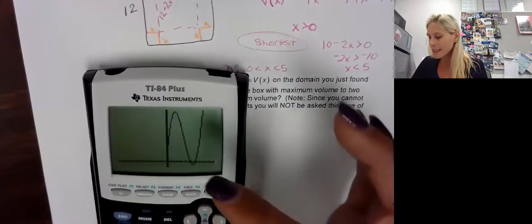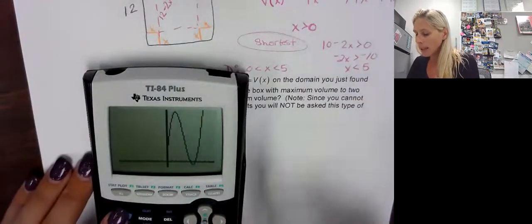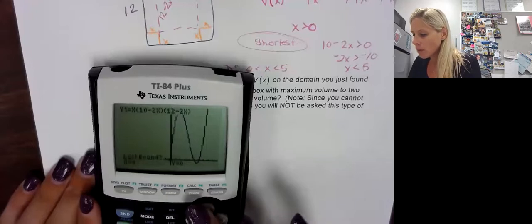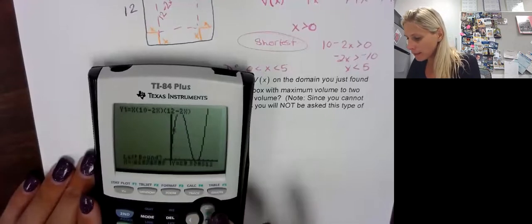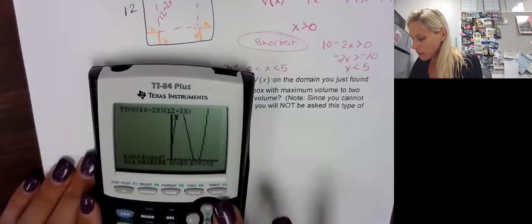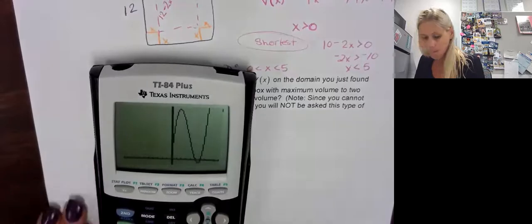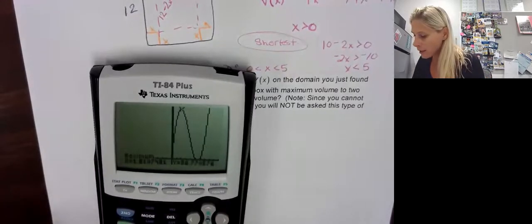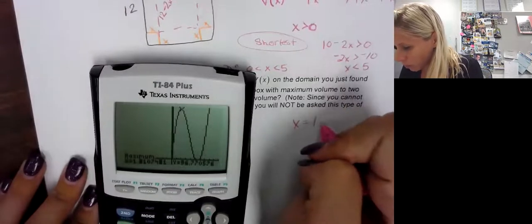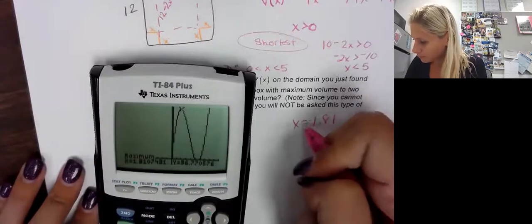Remember, our max is where there is an increasing to decreasing. If you were to do this in the graphing calculator, we would go max. We would want to be on the left side of that max. Go over to the right side of that max. Enter, enter again. And I get that x equals 1.81 approximately.